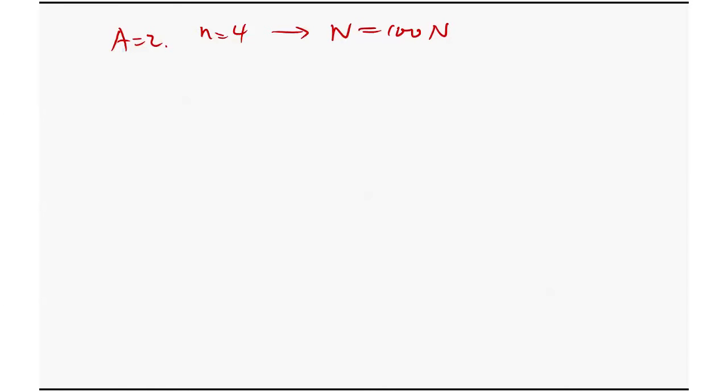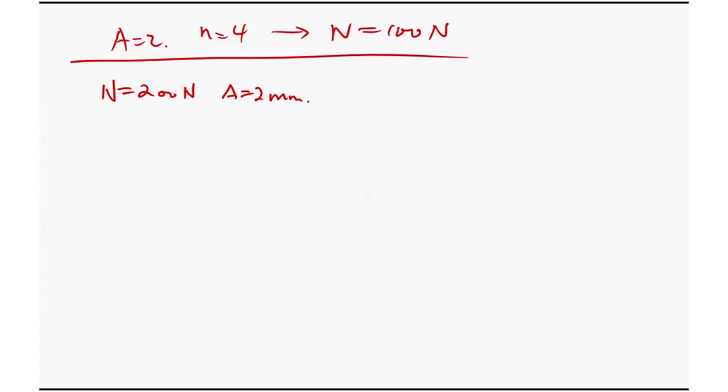Now the question is, I'm applying n equals 200 Newton. That's a different problem I'm trying to solve, related. So I'm applying a 200 Newton force there. I still have the same cable, so the A is still the same, 2 millimeter squared.